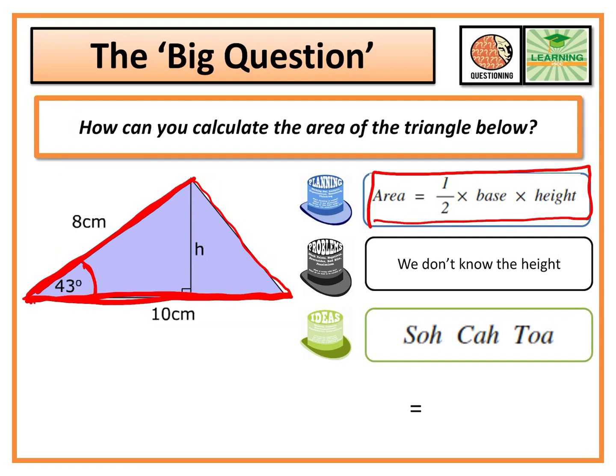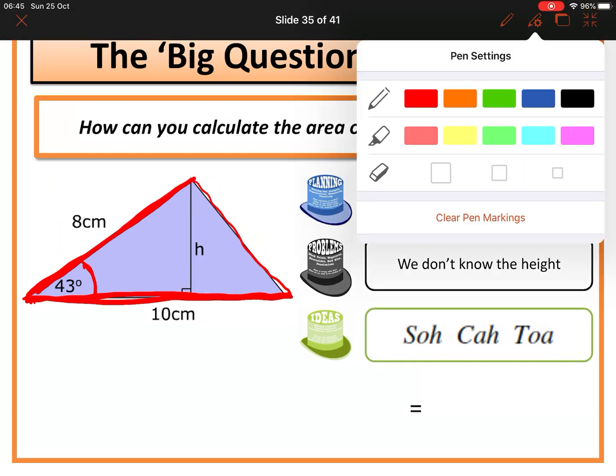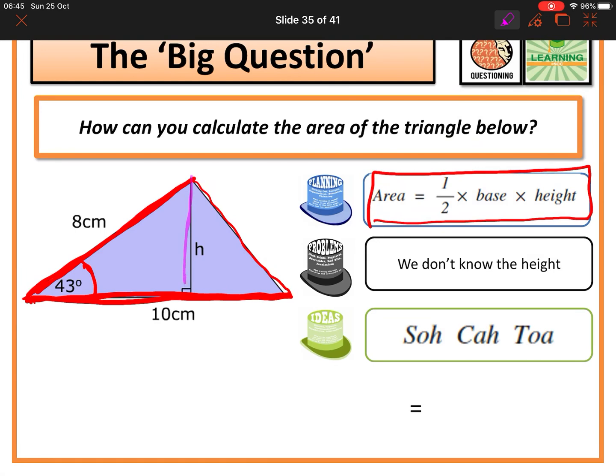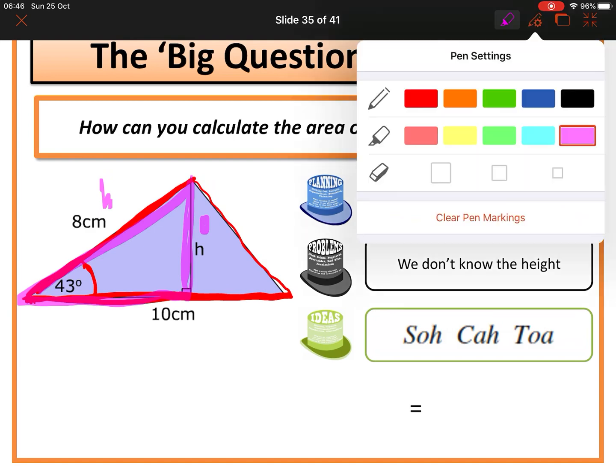If we think about it logically, what we've got to do is work out what the height is. To work out the height, we can use a bit of SOHCAHTOA, because we've got a right-angled triangle here. We know the hypotenuse, and we want to find the opposite.